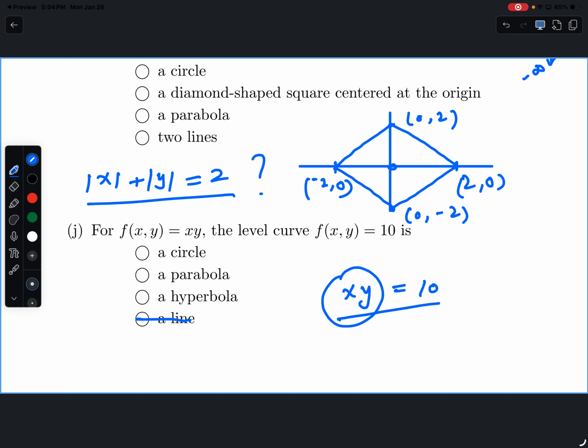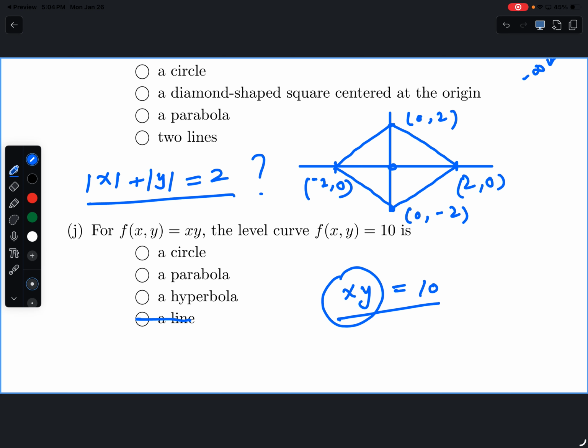This is a single expression. Is it linear or not? It means the degree is not 1. Why is it not 1? You have x raised to 1, y raised to 1. If you multiply, you add their exponents, so the degree is 2.